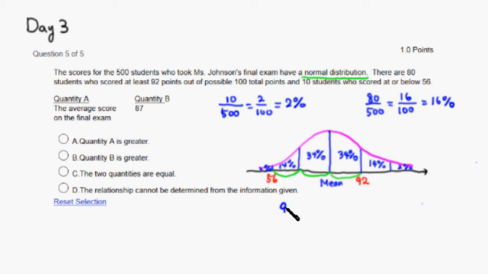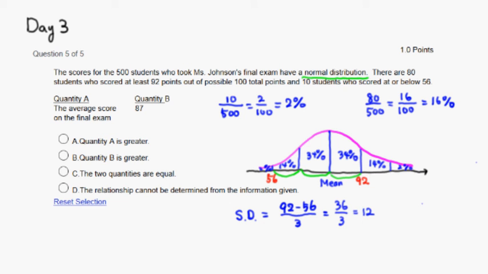So we take 92 minus 56, then divide by 3 to give you a standard deviation. 92 minus 56 is 36, divided by 3 is equal to 12. So one standard deviation is actually 12 points.